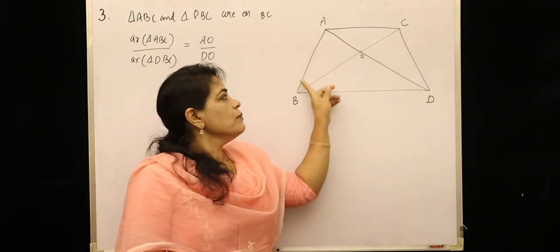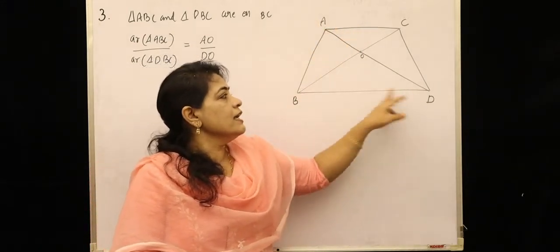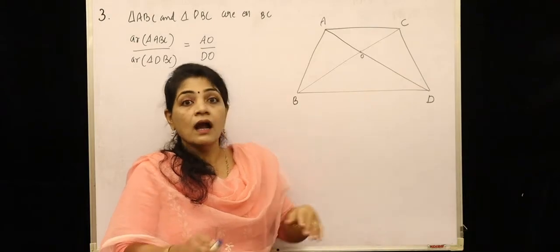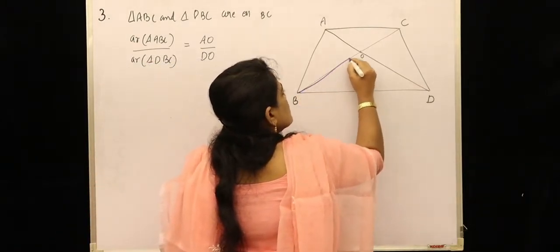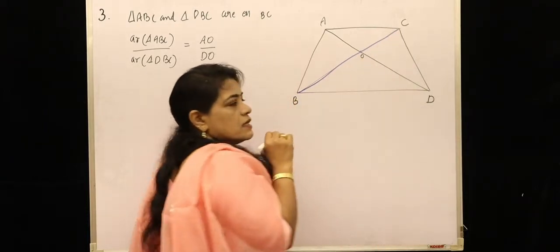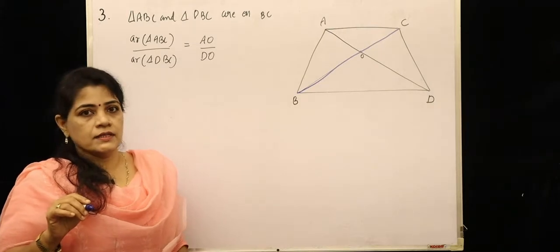Triangle ABC, this triangle, and triangle DBC, this triangle, are on the same base BC. So look into these two triangles separately, this one and this one, on either side of BC.